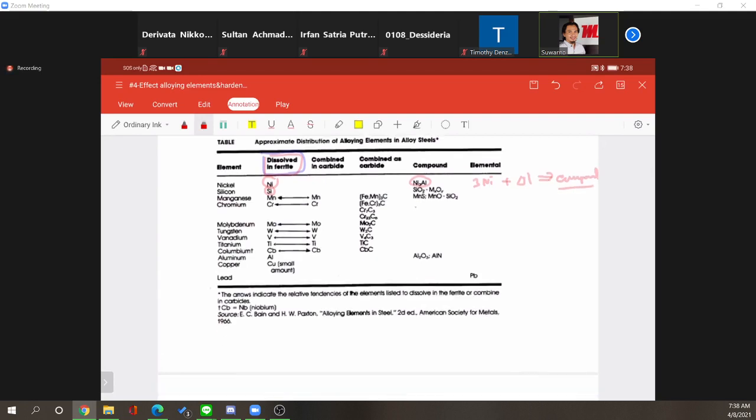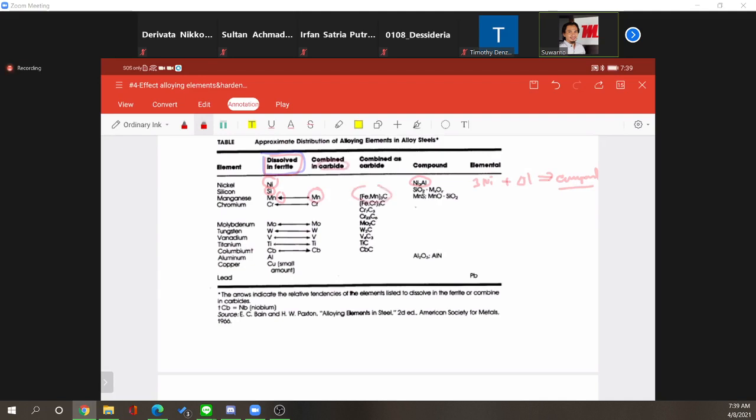Then we'll take another example, which is manganese. This arrow tells you that the probability of manganese inside the microstructure being dissolved is high. However, in some situations it can also form carbide with this microstructure. We call it carbide.